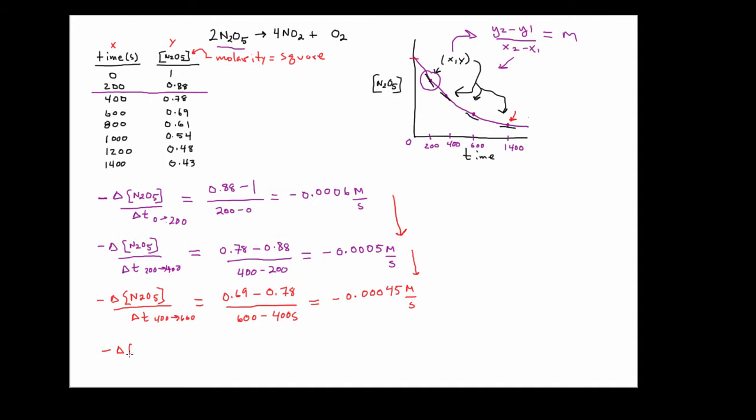So this will be delta N2O5, just like the other expressions, over delta T. And we're going on this one from 1200 to 1400, and it will equal 0.43 minus 0.48, and that will be over 1400 minus 1200, and it gives us another data point here, which will be 0.00025, and that's again molarity per second.